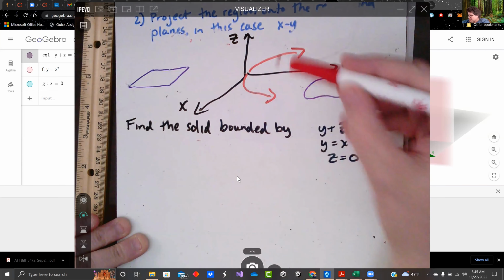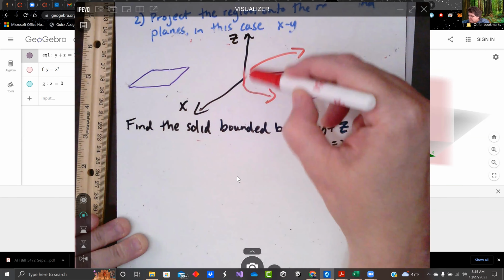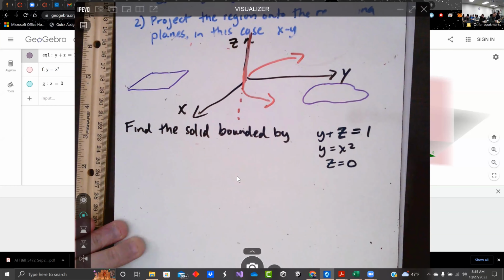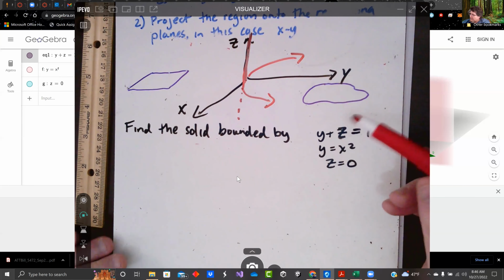And since there's no z component, it goes all the way up and down. Y plus z equals 1.